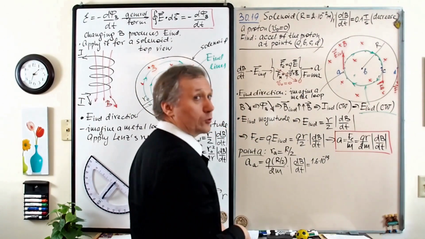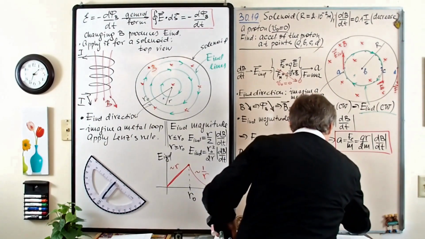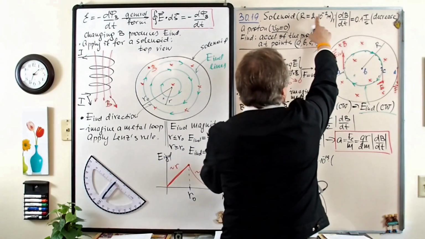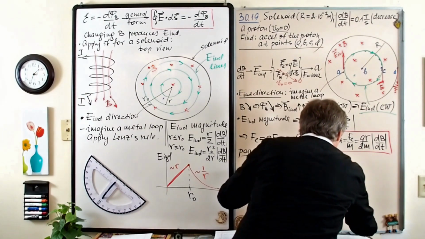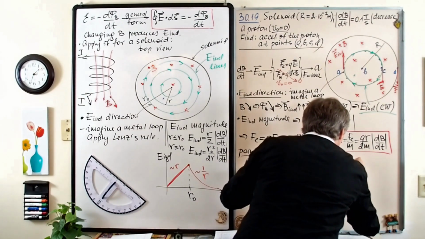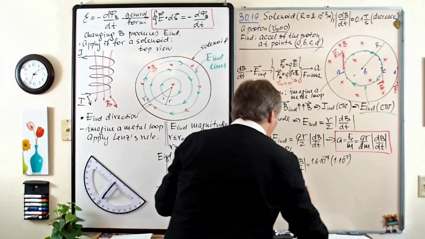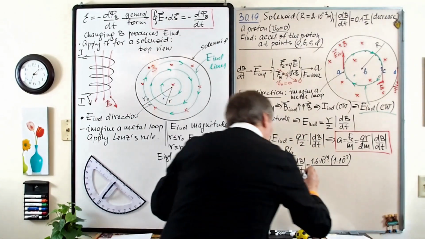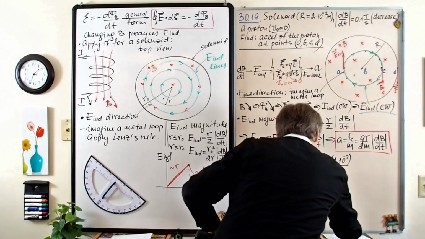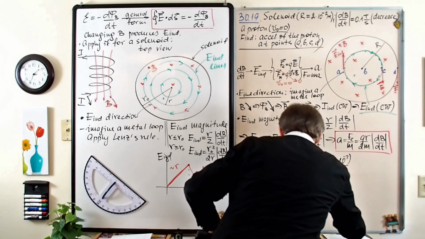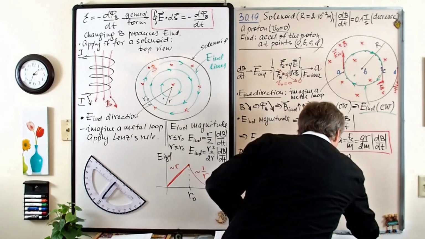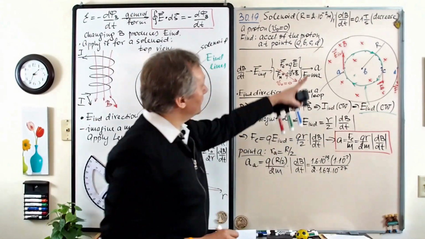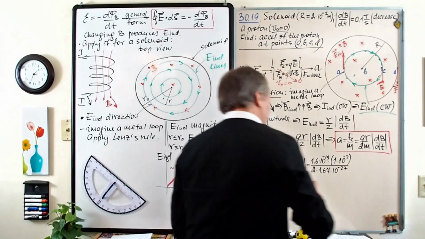Then R over 2 will be 1 times 10 to the power of minus 2, divided by 2 times the mass of the proton, 2 times 1.67 times 10 to the power of minus 27 kilogram, and the rate of change of the magnetic field 0.1 Tesla per second.